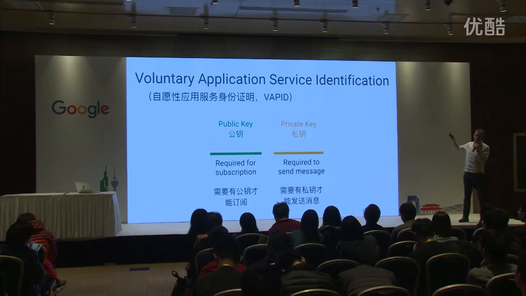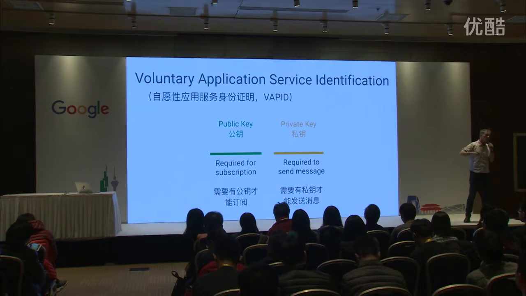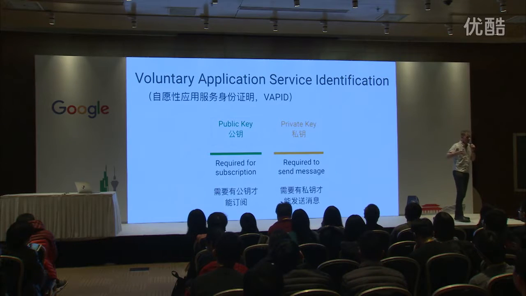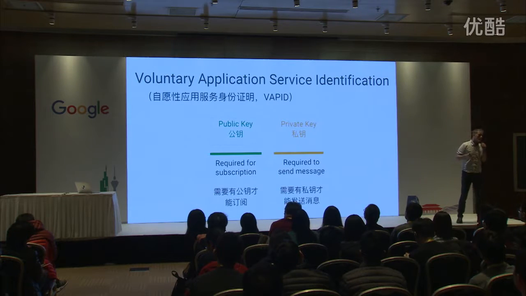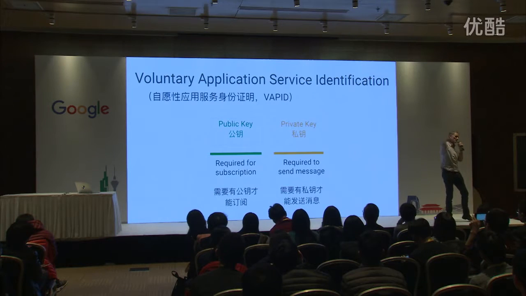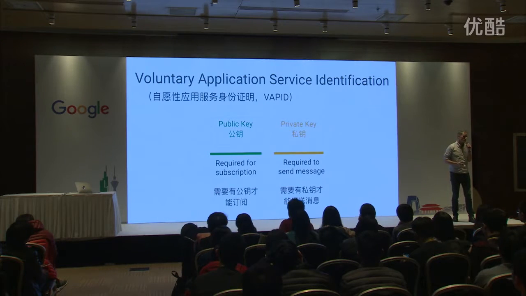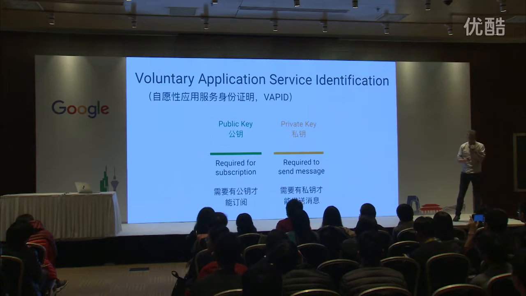Now, the protocol we have for this is called VAPID. I won't go into the details particularly, but the core idea here is that the communication between the user and your web service is authenticated, and the communication between your web server via the push service to the user is authenticated. So the user can trust you, and you can trust the user.